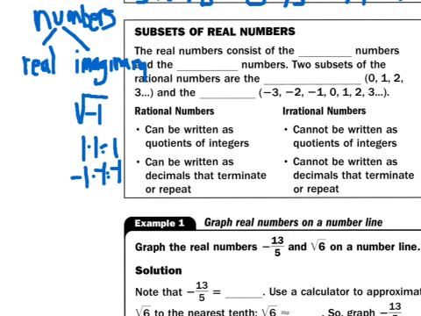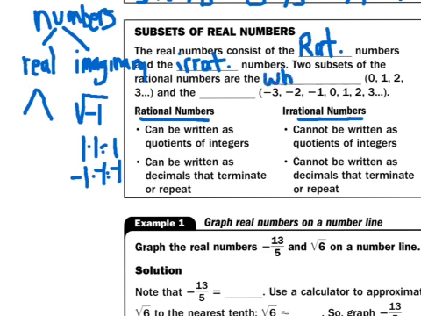Under the real number category, we have two subsets. We have rational numbers and irrational numbers. That would go in these blanks up here. Rational and then irrational. And then under rational numbers, we have two more subsets.